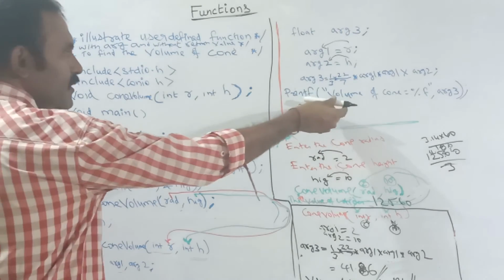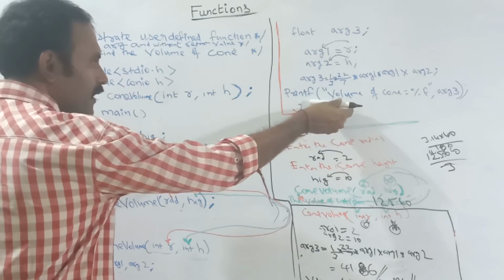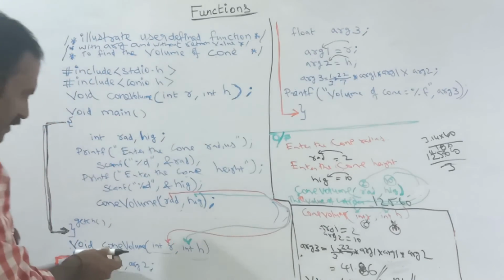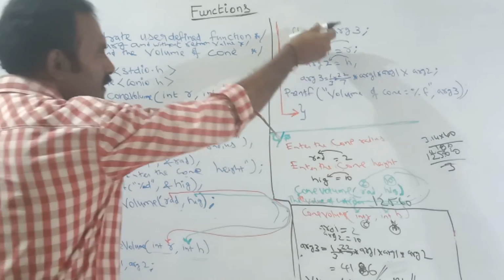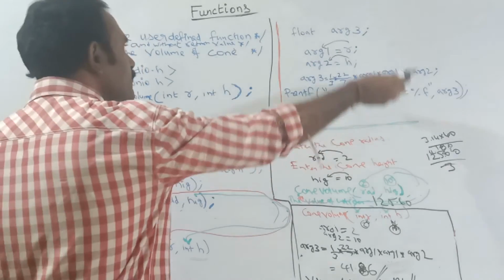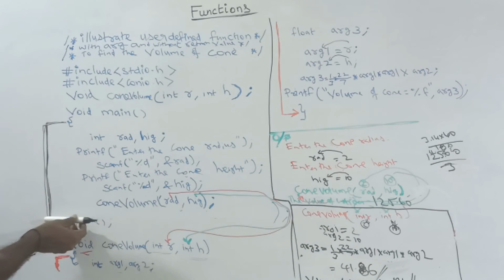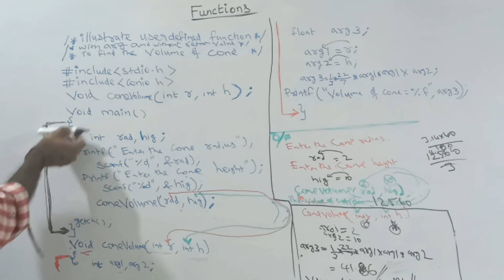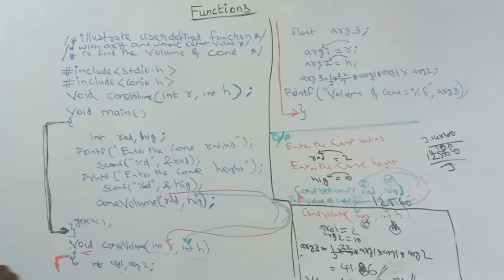Once it is printed, after every statement inside this user defined function cone volume has executed, the controller will go back to getch and next it comes out. So for each and every time after the function call, it comes back to the main program.